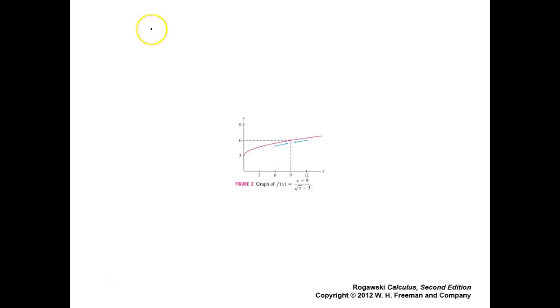What is the limit? As x approaches 9 of x minus 9 over the square root of x minus 3. What is the first thing?